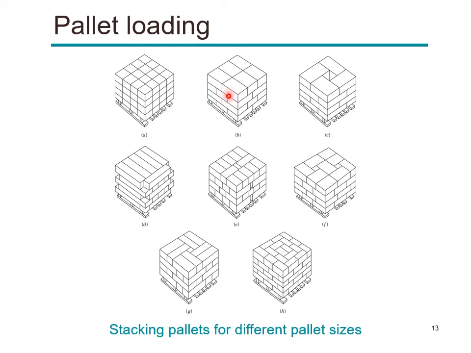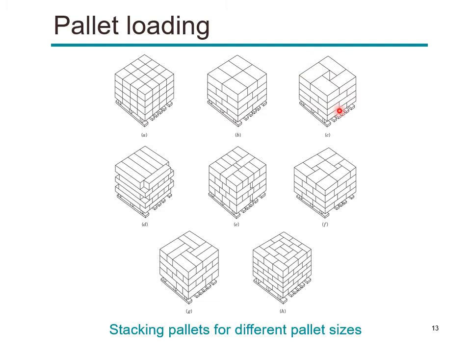On this one, you see a different type of loading, and these are rectangular shaped containers. So at one level, you place the containers in this orientation, in the second one in the 90-degree turned orientation, here you use this orientation, and finally this orientation, so that you increase the stability of the load.